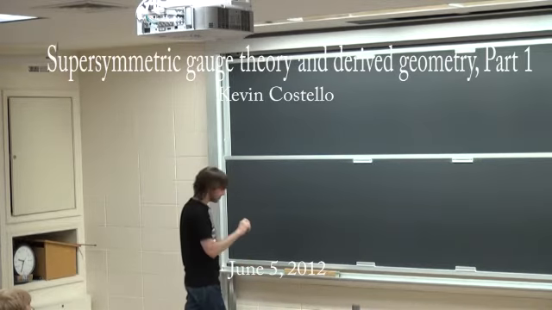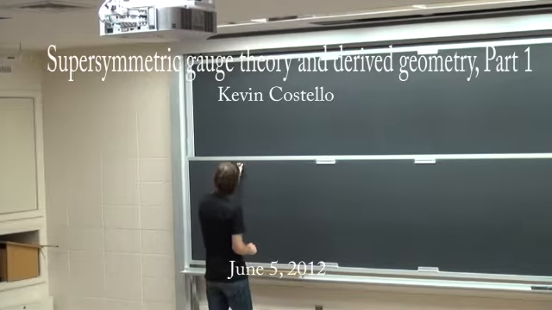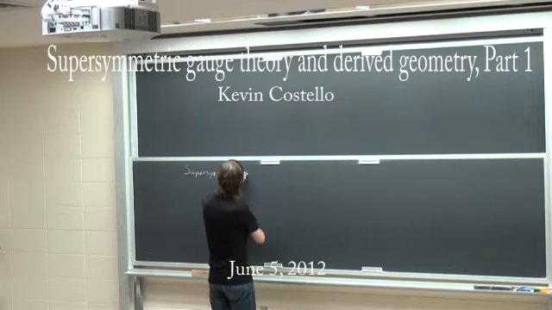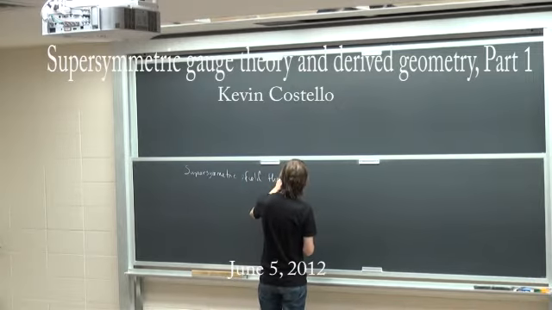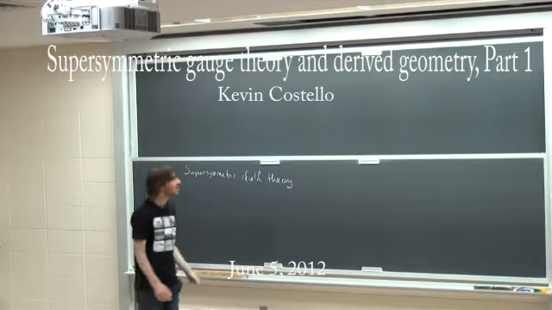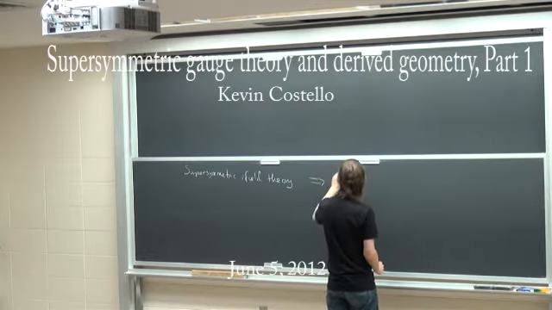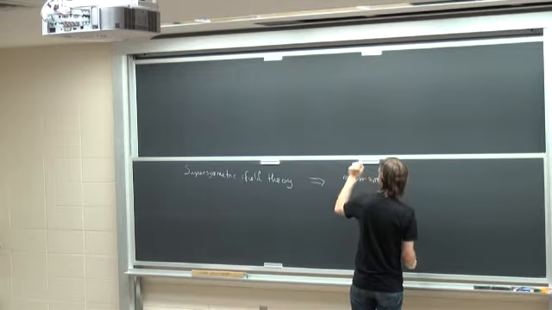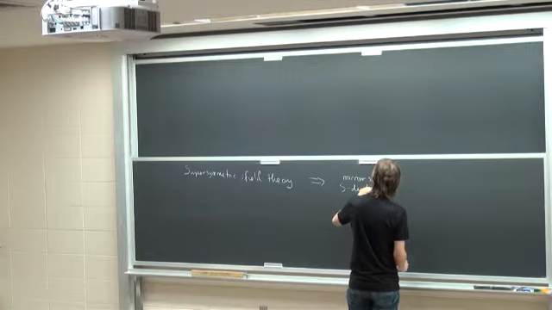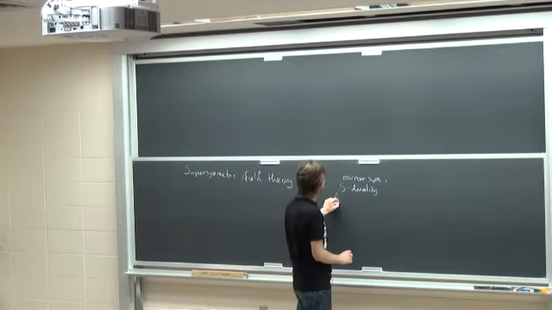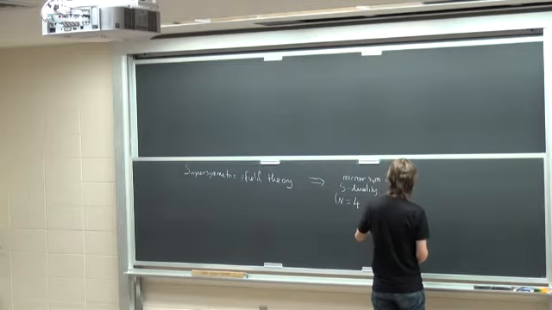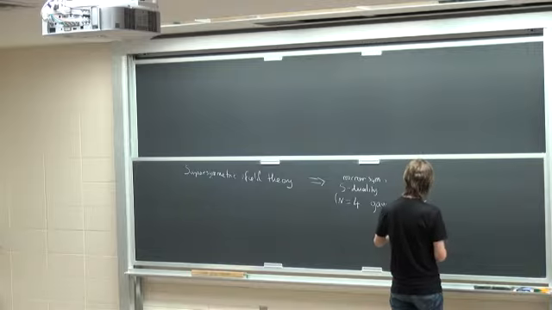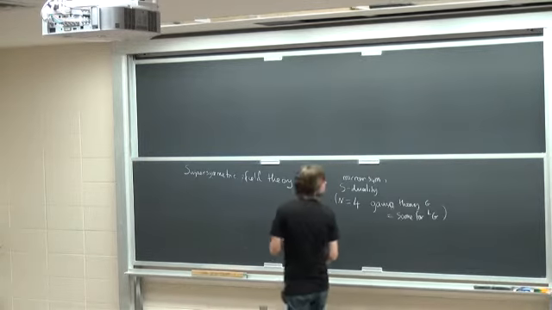So physicists have got a lot of mileage out of supersymmetric field theory, and they've been able to prove some very cool results, like mirror symmetry, S-duality, which is a form of the Langlands conjecture, which says if I take N=4 gauge theory for G, it is equal to the same thing for the Langlands dual group, and so on.